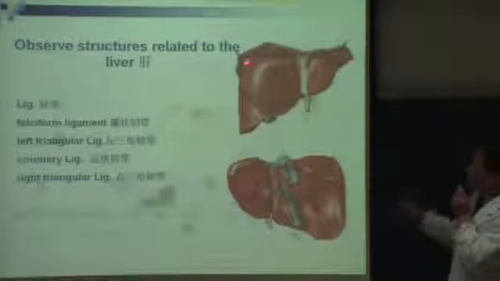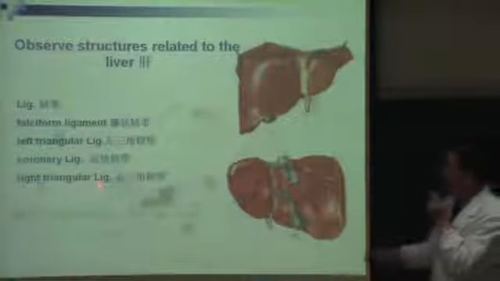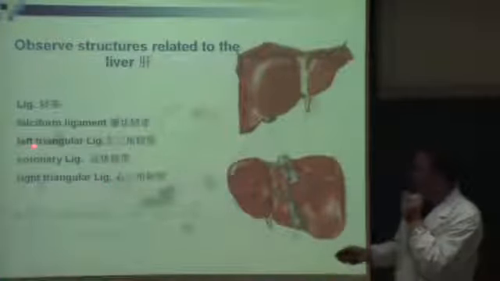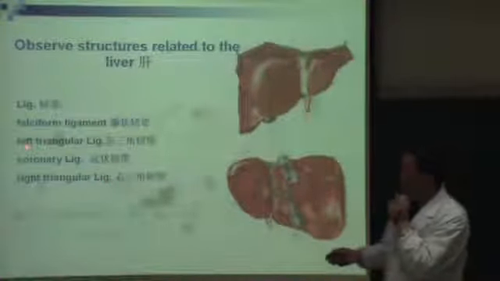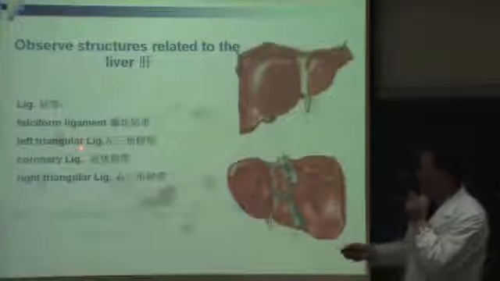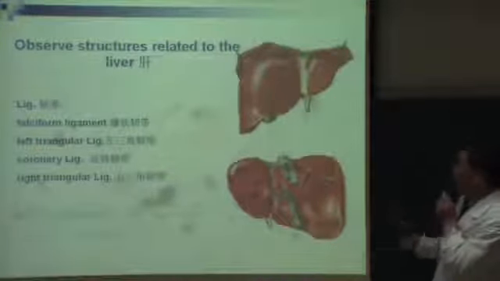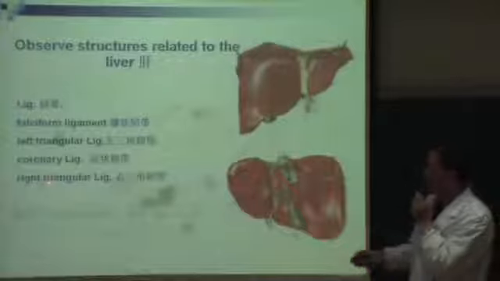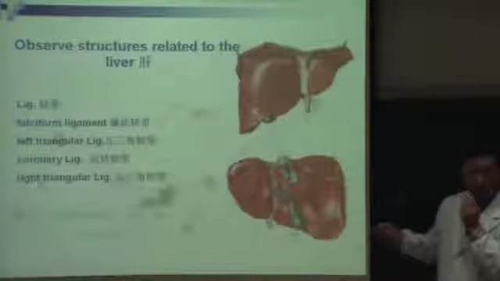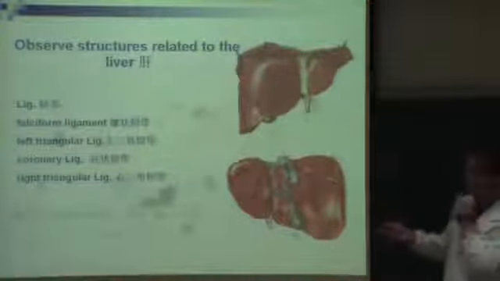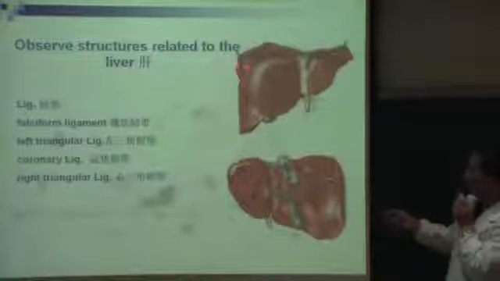At the two ends of the coronary ligament, you can find the left triangular ligament and the right triangular ligament. You can touch them with your finger. Here, triangle.